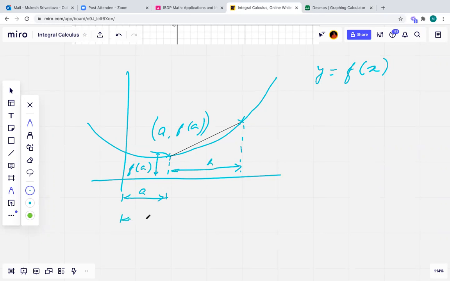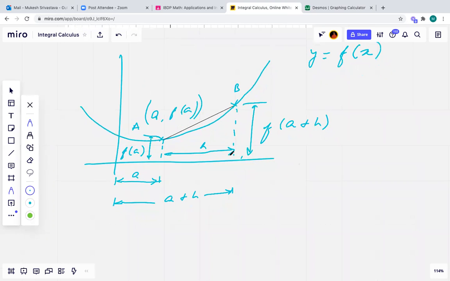So this becomes A plus h, and this becomes f of A plus h, no? Correct. This is A plus h. So if I say point A and point B, then what is my tangent?